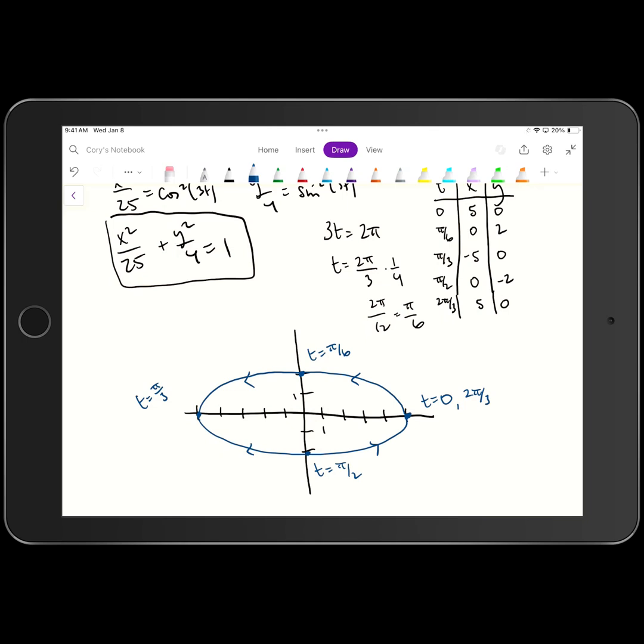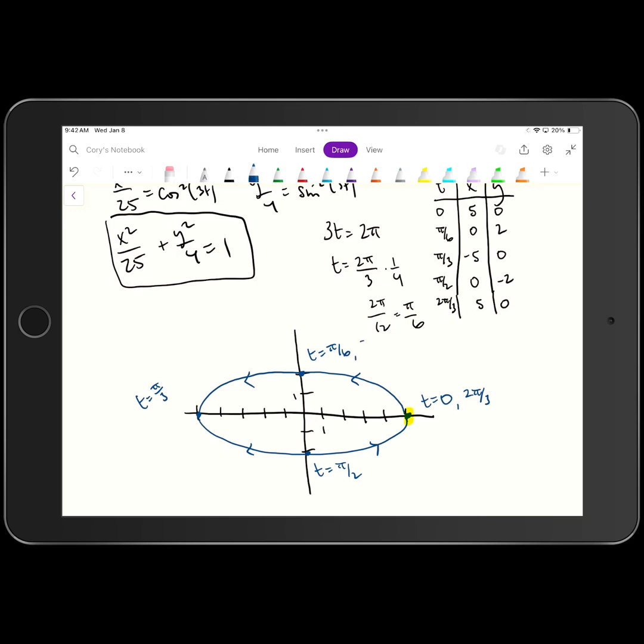Well, if we keep adding our incremental change of pi over 6, starting over here at this point that I highlighted in yellow, going from 2 pi over 3, every single time I make a movement around the ellipse, 2 pi over 3 is 4 pi over 6 plus pi over 6.